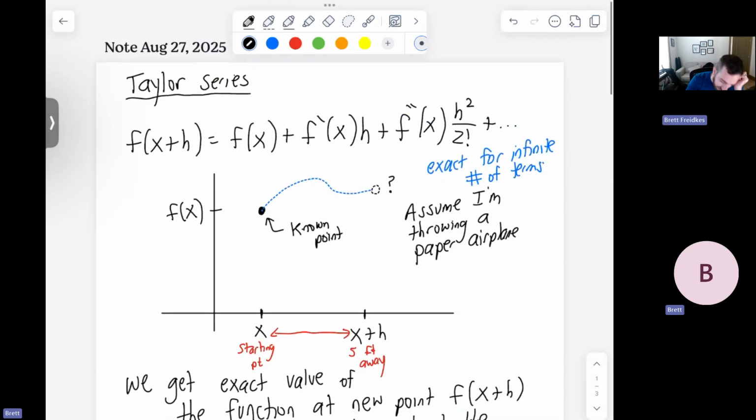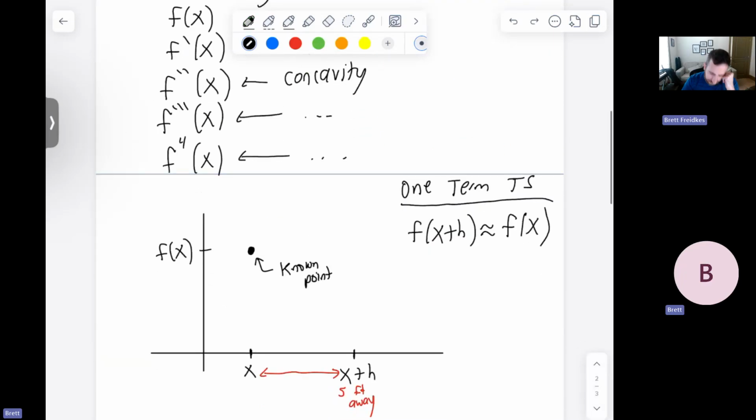If you come back here, basically what I'm saying is that we're ignoring all of these terms and just saying that we're going to approximate that new function value by saying it's equal to the current function value at our known point. What does that look like for our paper airplane? Well, I'm saying that no matter what h is, I'm just going to assume that this is going to travel in a straight line across.